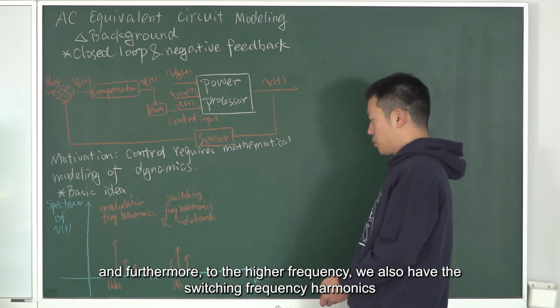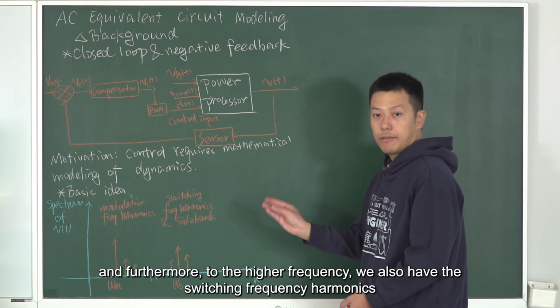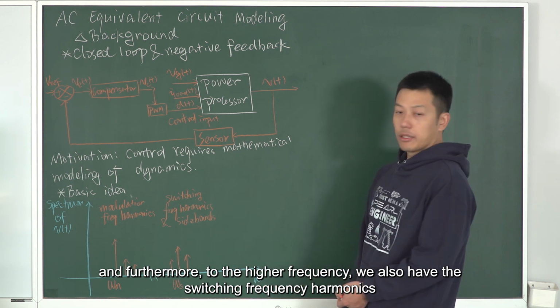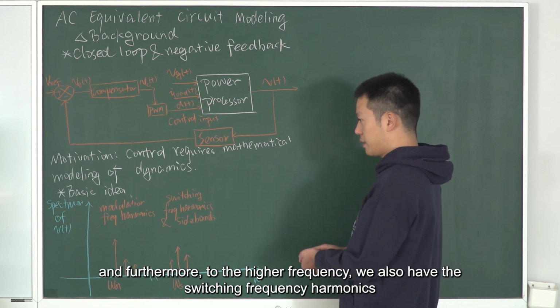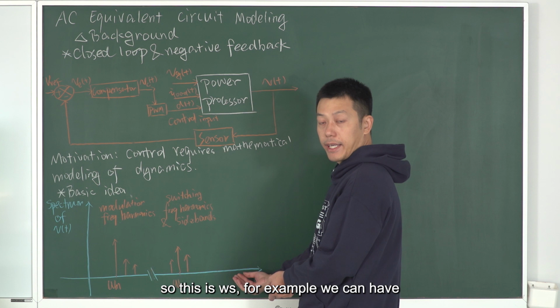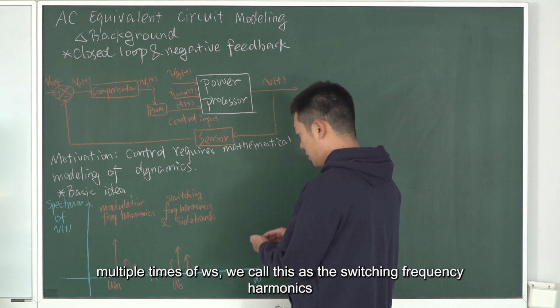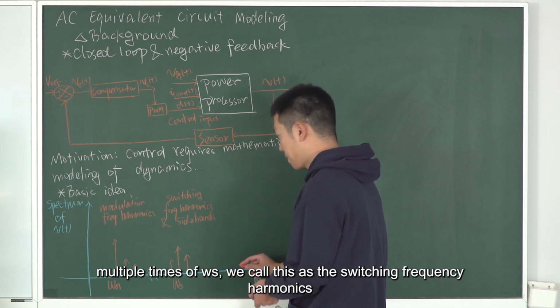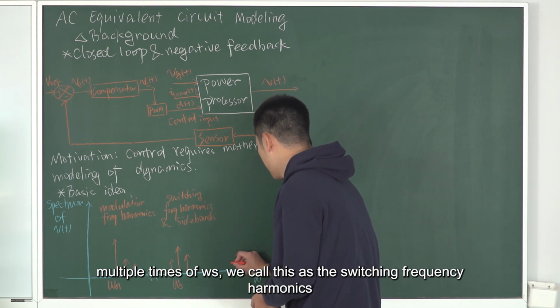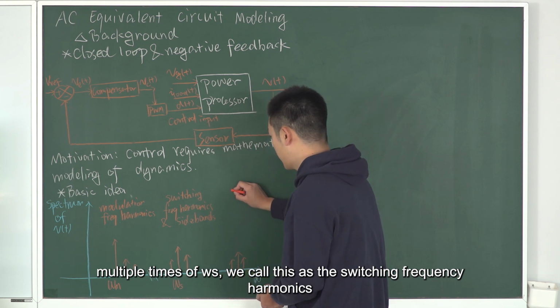And furthermore, toward higher frequency, we also have the switching frequency harmonics. For example, we can have multiple times of omega s. We call these the switching frequency harmonics.